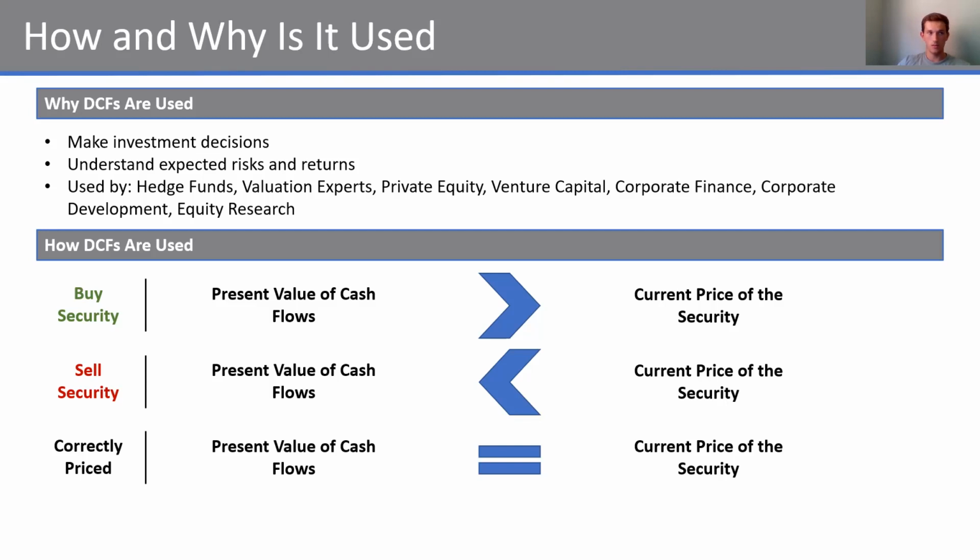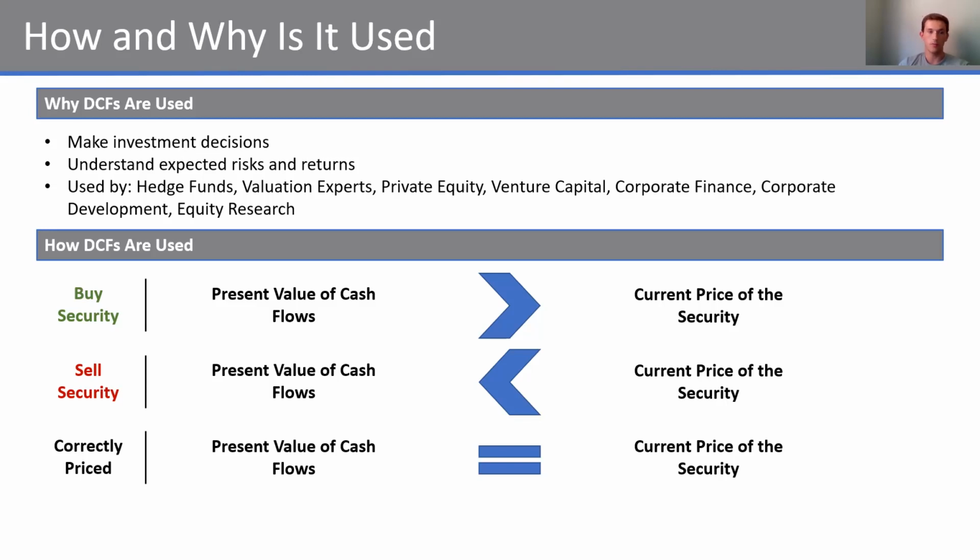So how is it used? The way that you want to think about it is the present value of the cash flows versus the current price of the security. Say, to you, the cash flows that this company is going to produce, discounted back to today, are greater than what the price of the stock implies, and you want to buy the security.